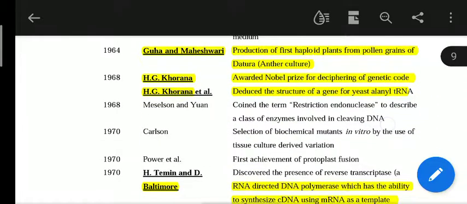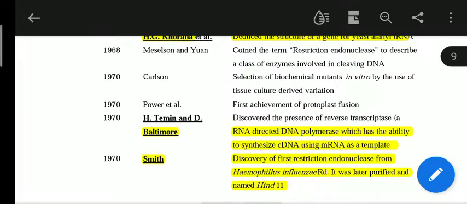Now H.G. Khorana is again very important. He was awarded the Nobel Prize for deciphering the genetic code and also deduced the structure of a gene for the yeast alanine tRNA.